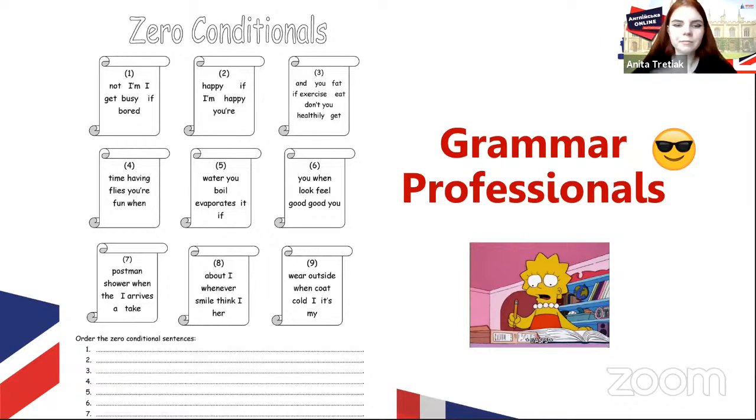So what do we have here? I wear my coat when it's cold outside. Or we can say, when it's cold outside, I wear my coat. But guys, don't forget that if you have this phrase, when it's cold outside, first, then you need a comma. But if you have I wear my coat and then when it's cold outside, you don't need to use a comma here.